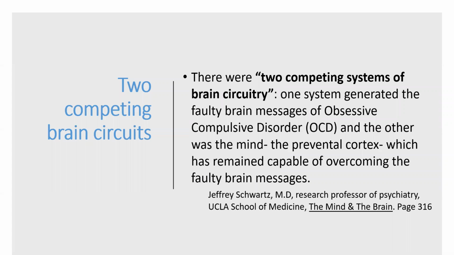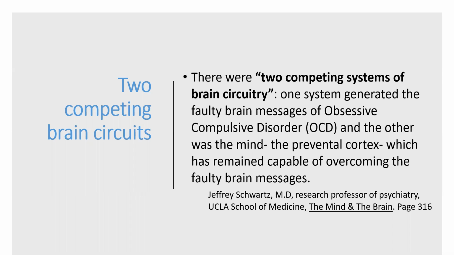Once again, Dr. Schwartz said that there were, quote, two competing systems of brain circuitry. One coming from the lower brain, faulty brain messages. In his case, he was researching folks with obsessive compulsive disorder. And the other, the prefrontal cortex, which is the higher brain, which remains capable of overcoming the faulty brain messages.